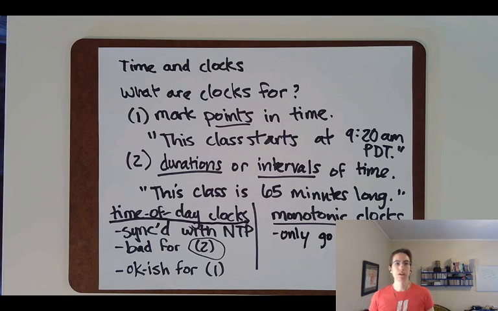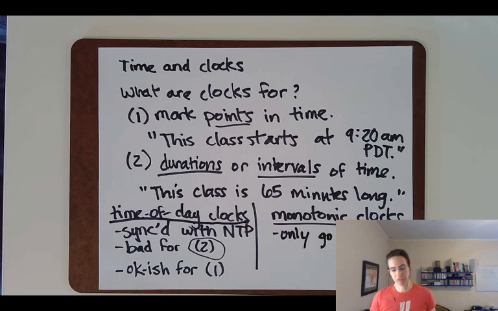If you check what your monotonic clock says, it's not going to have anything to do with what your neighbor has if they check the same thing, because its absolute value is meaningless and not comparable between machines.